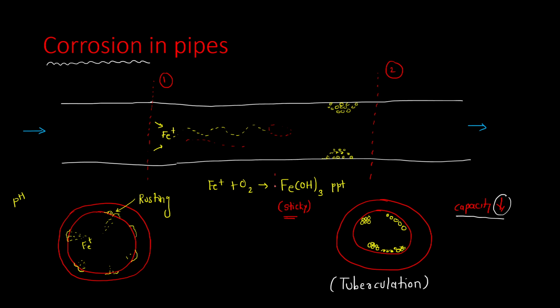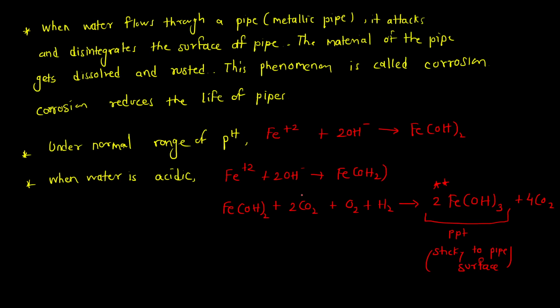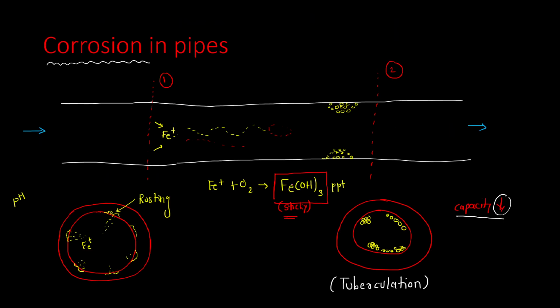So you can just remember the compound name here, that is FeOH3, ferric hydrate. This much is important. No need to remember these reactions. Now this ferric hydrate gets stuck to the inner side of the pipe, and these are called tubercles. This whole process is called tuberculation.